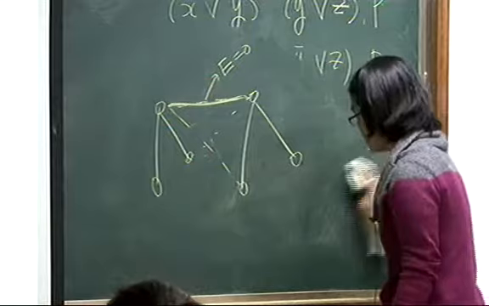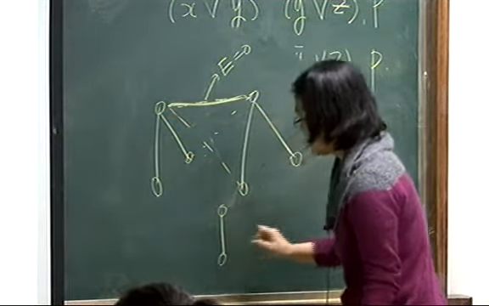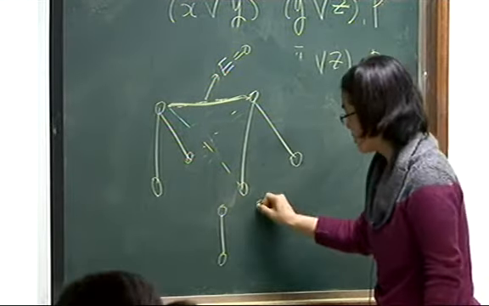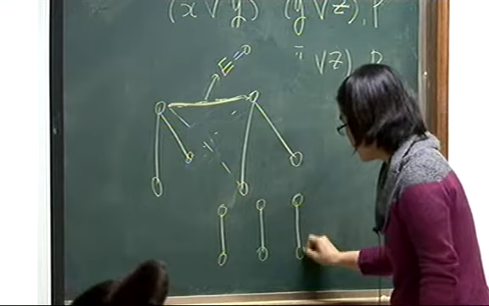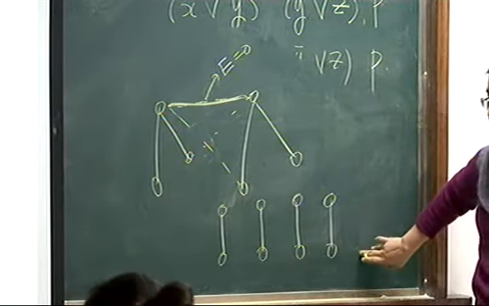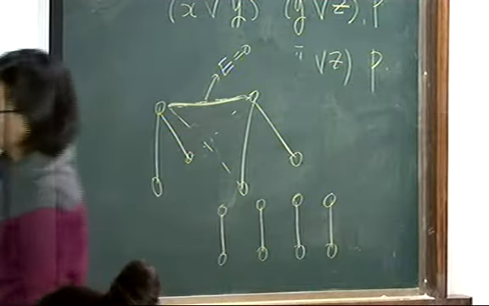Otherwise, that implies we do not have a matching of size at least k, because a matching of size k is a set of k induced trees.